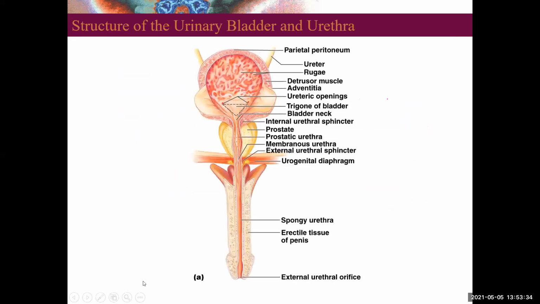So if you see the urethra in the male, this is the frontal section. You can see this is the urinary bladder, and then the oblique opening of the ureter here. And where there are the ureter openings, you have three here. This is the oblique opening, and this is the urethral opening. This is the trigone of the bladder.